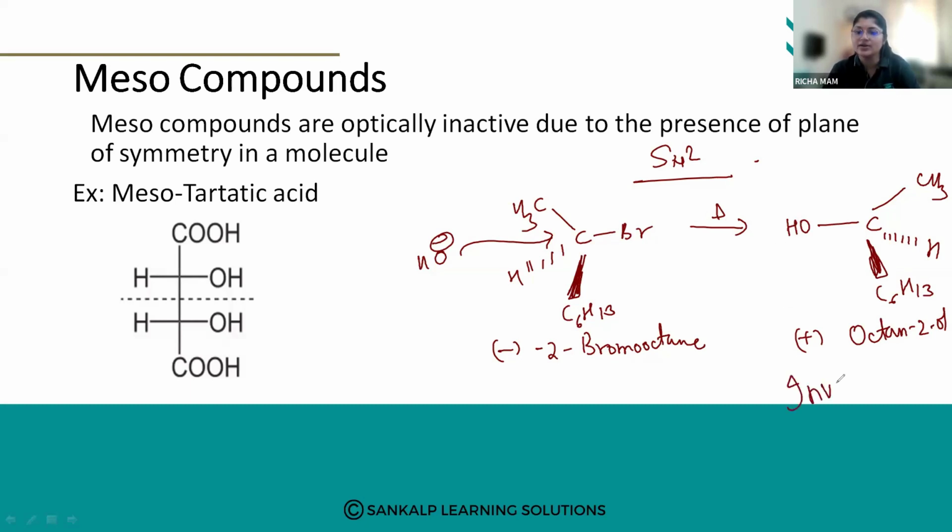So what is possible here? 100% inversion. And what is the type of inversion called? What is the name of the inversion seen in the SN2 mechanism? Important.